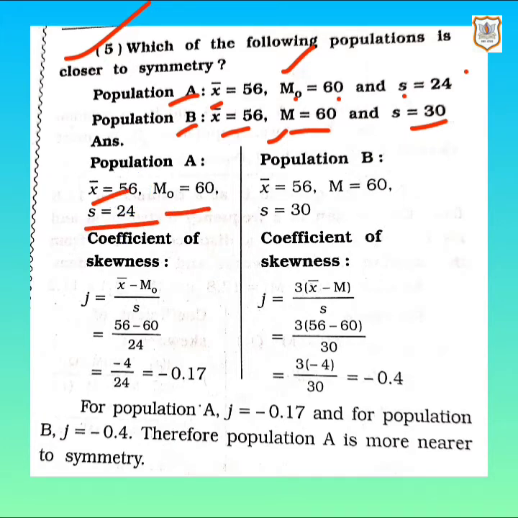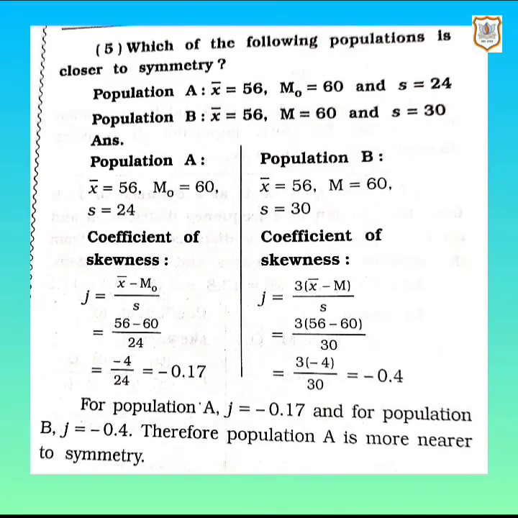So the formula will be J is equal to mean minus mode upon standard deviation, as mode is given here. So 56 minus 60 upon standard deviation 24. So 56 minus 60 becomes minus 4 upon 24 as it is. So minus 4 upon 24 gives you negative 0.17.